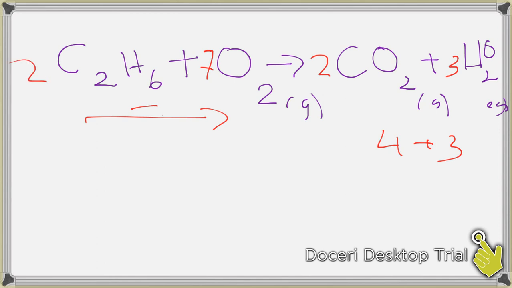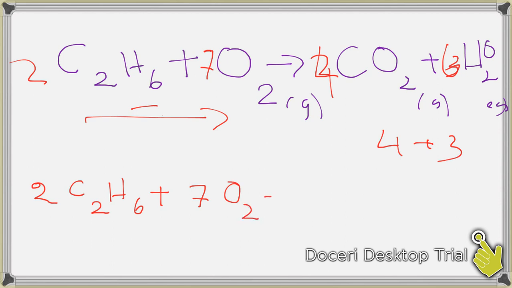So it becomes 4, and then it's 6. So my equation now is 2 C2H6 plus 7 O2 gives me 4 CO2 plus 6 water, right?